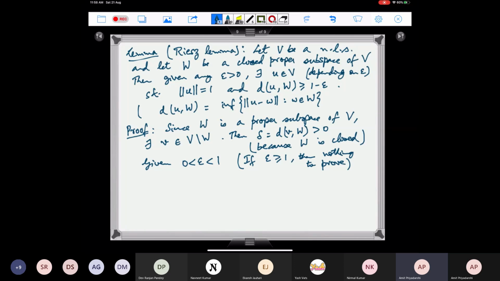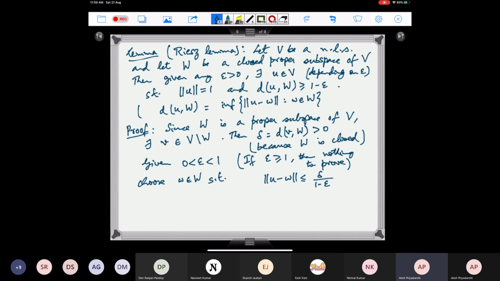So if we have any epsilon between 0 and 1, we can choose w in capital W such that norm of v minus w is less than or equal to delta by 1 minus epsilon.